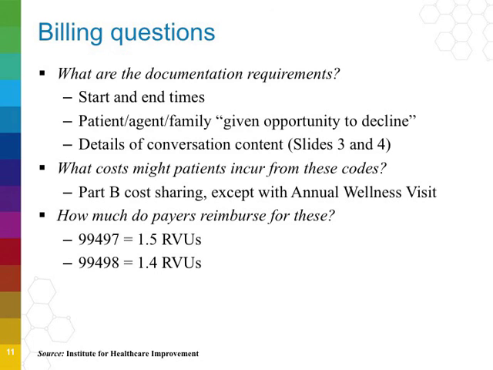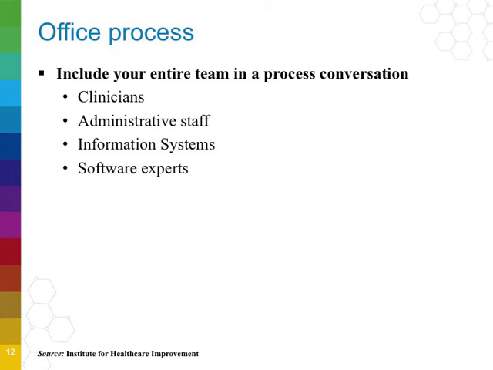I think there's a 20% copay for Medicare patient. How much do the commercial payers reimburse for these? Generally, what we're seeing right now is a 1.5 RVU for that initial conversation, that 99497, and we're seeing about a 1.4 for the 99498.